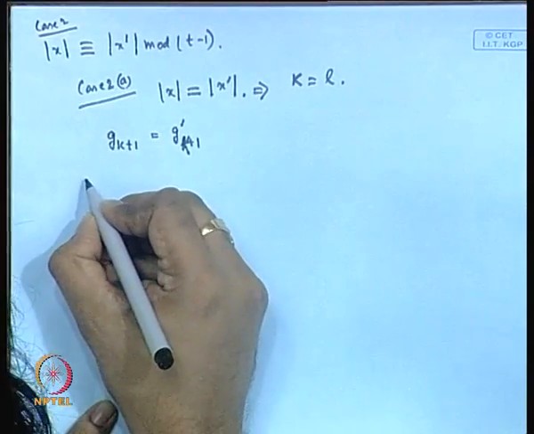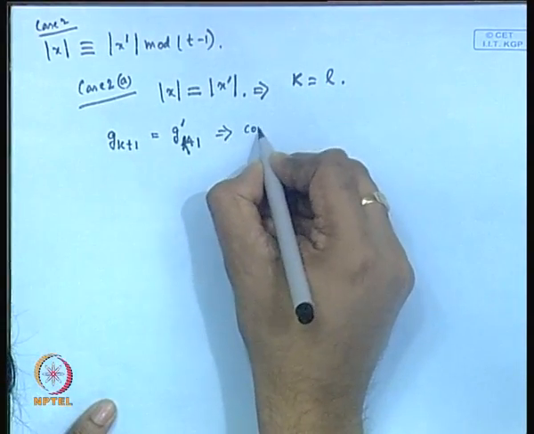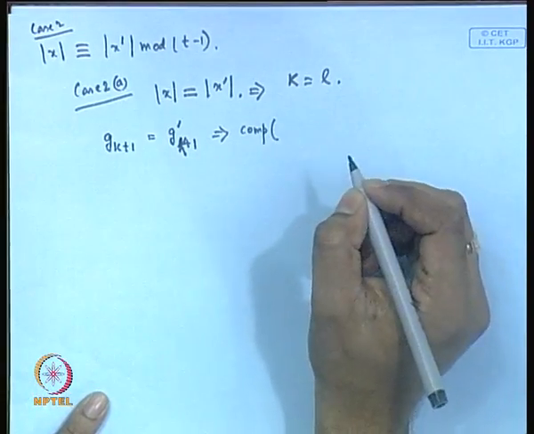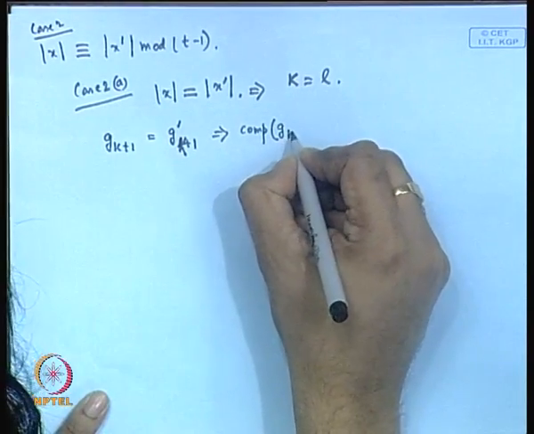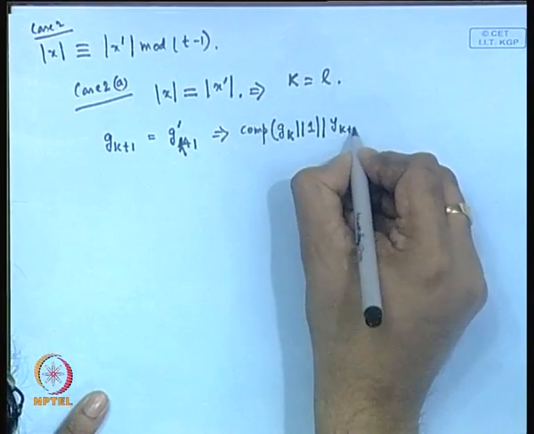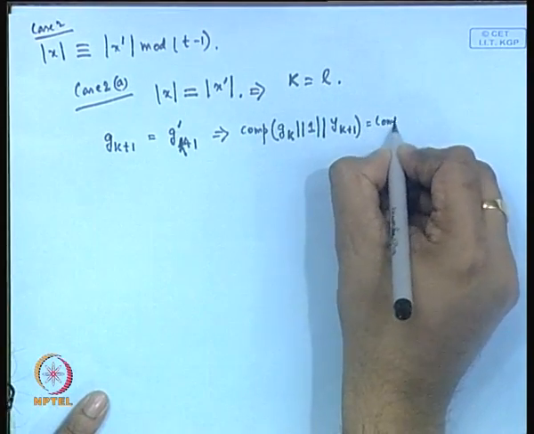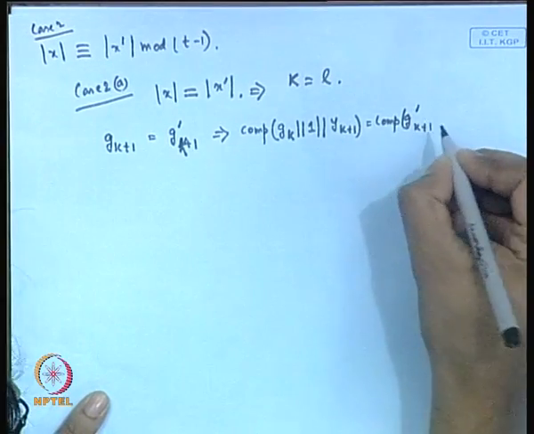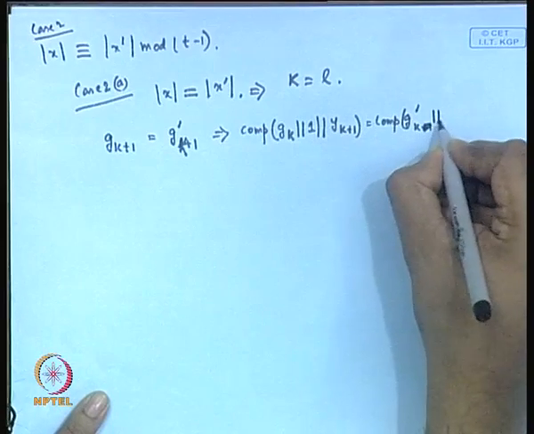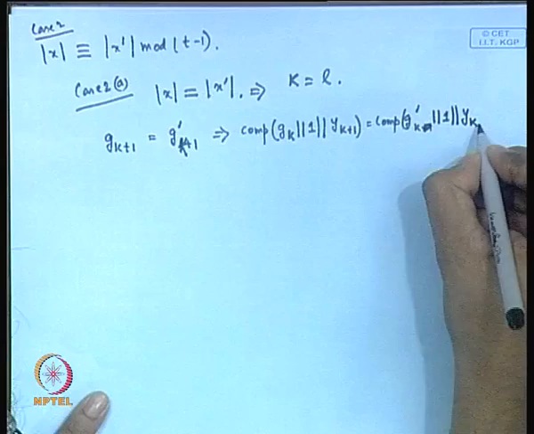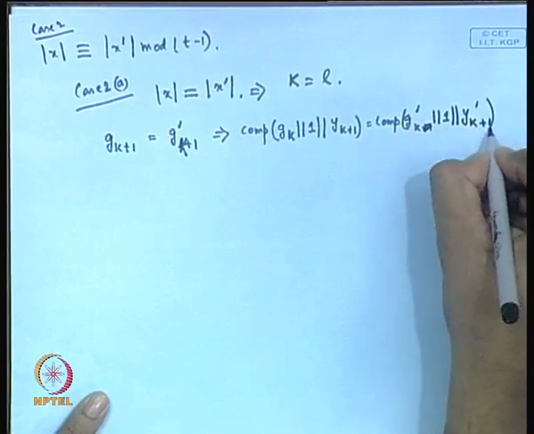So what does it mean? It means that compress, I call that COMP for brevity, COMP of g of k with y of k plus 1 is equal to COMP of g dash of k with y of k plus 1 dash.